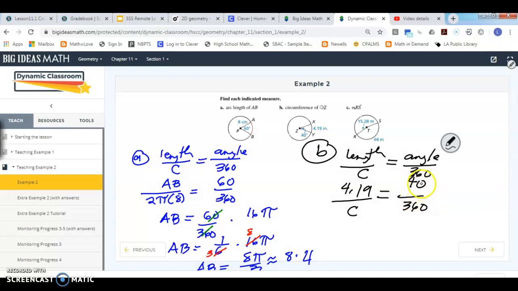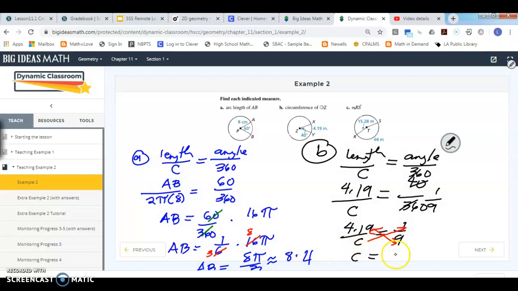Now from here, you can actually reduce it already if you want. So this is 4.19 over C is equal to, if you divide this by 40, you will get 1 over 9, right? So that's going to be 1 over 9. So now you're going to cross multiply. So to cross multiply this, C times 1 is C, and then 4.19 times 9, whatever that is, that will be your final answer.